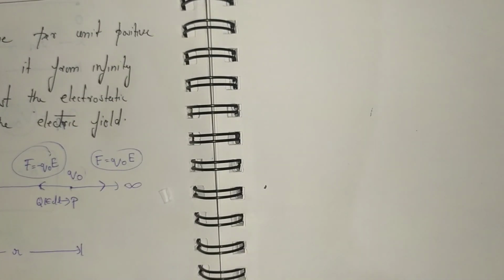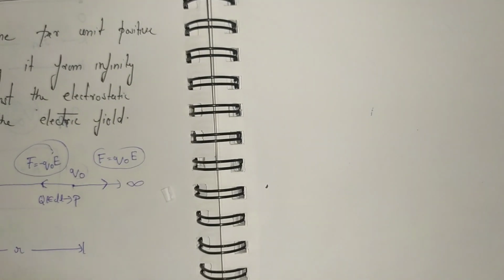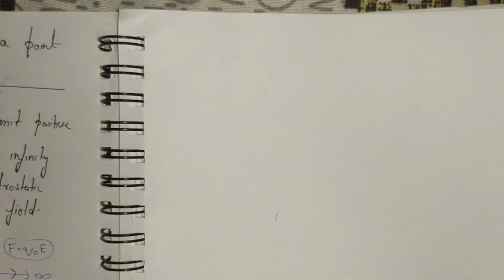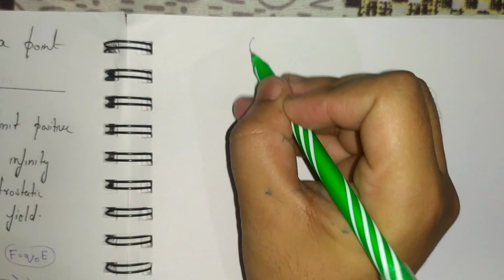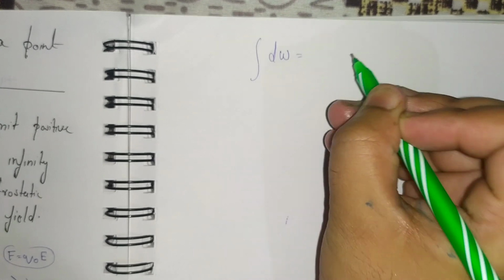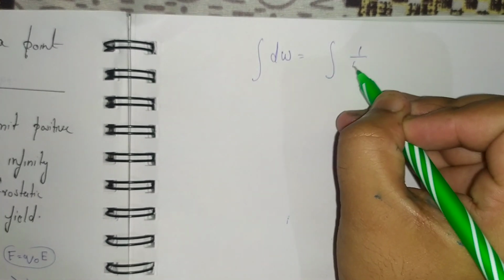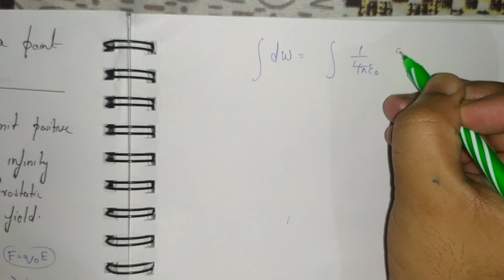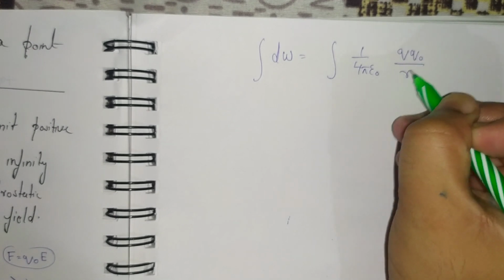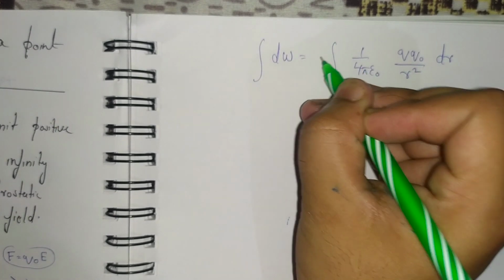Now we are moving to the next page. Now we are integrating the value of dW, that is 1 upon 4 pi epsilon naught q naught upon r square dr in minus.